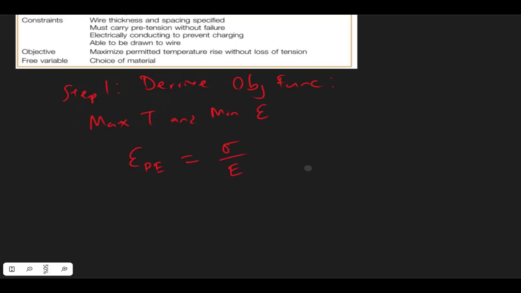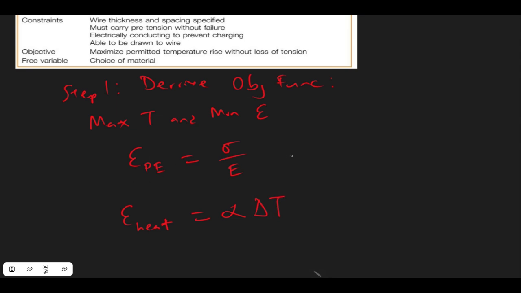Another extension going through this material is the extension due to increase in temperature, due to heat. As the cathode ray tube is heated up, the material heats up and you don't want the material to extend. This is thermal expansion: coefficient of thermal expansion times change in temperature.